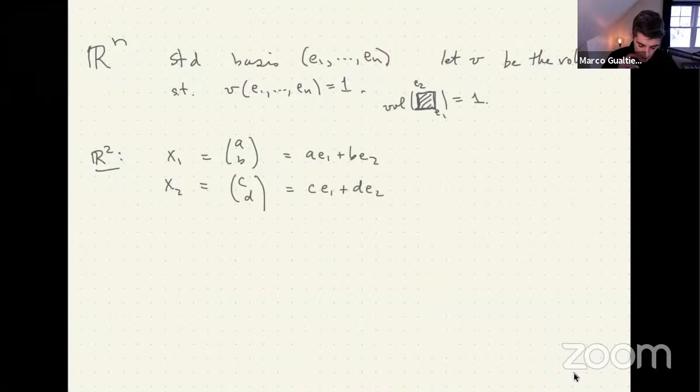And so the determinant of x1, x2 will be a sum over elements of S2. I'm going to write it kind of in the formal way so that you understand how to unpack the formula.